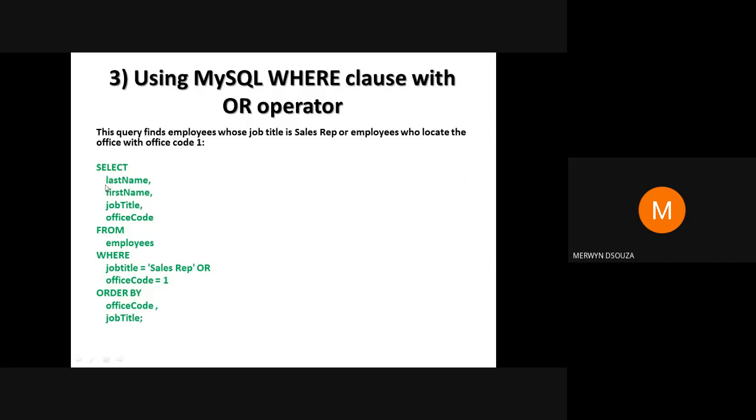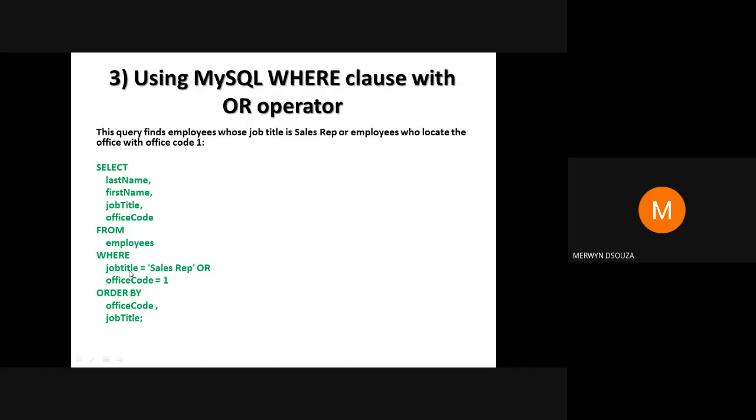Select last name, first name, job title, office code from the table employees, where job title equal to sales rep or office code equal to 1. In this query, all the employees who match one of these conditions in the where clause will be selected.